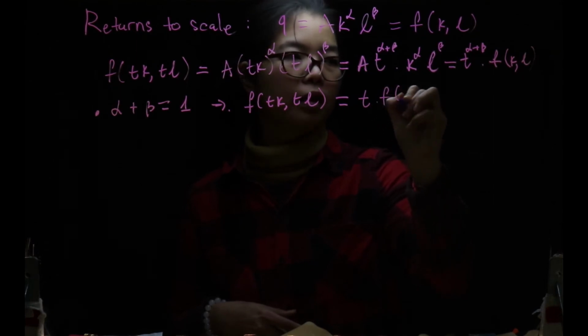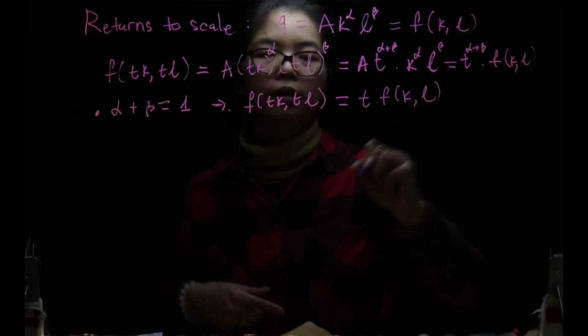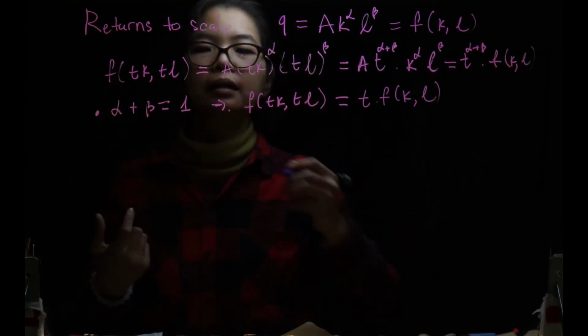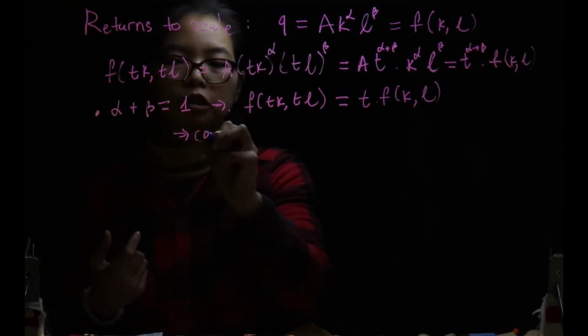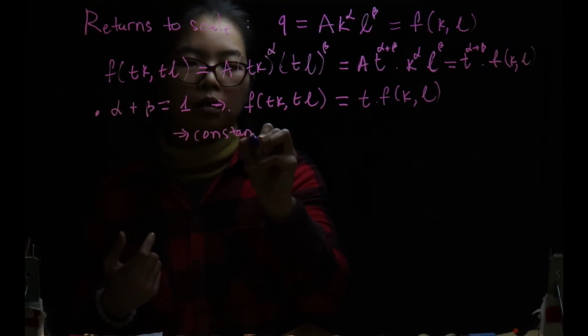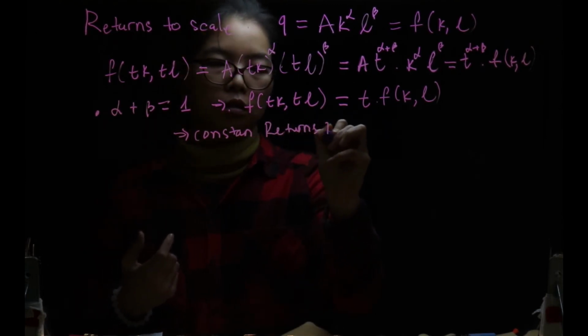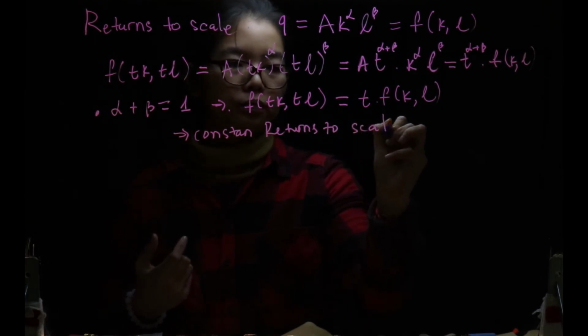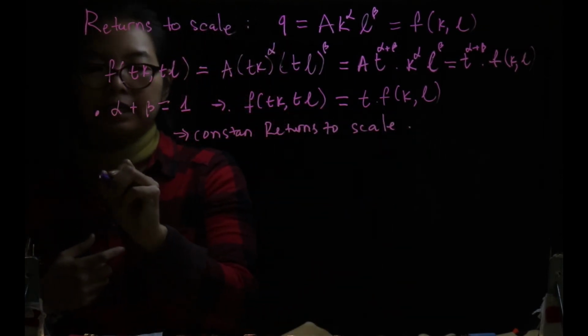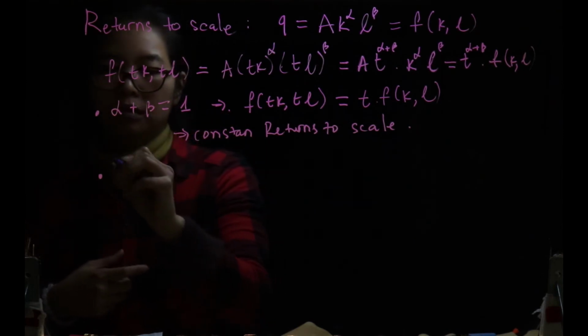Times F(K, L). And this is what's said to be constant returns to scale.